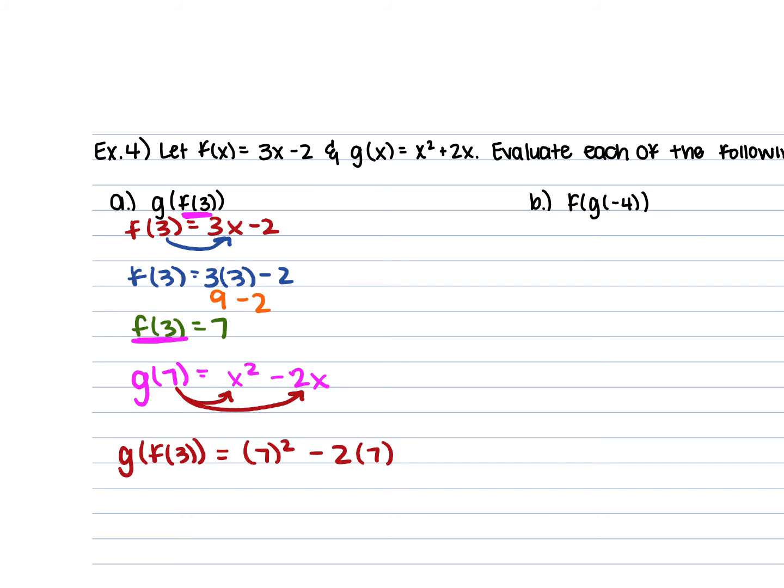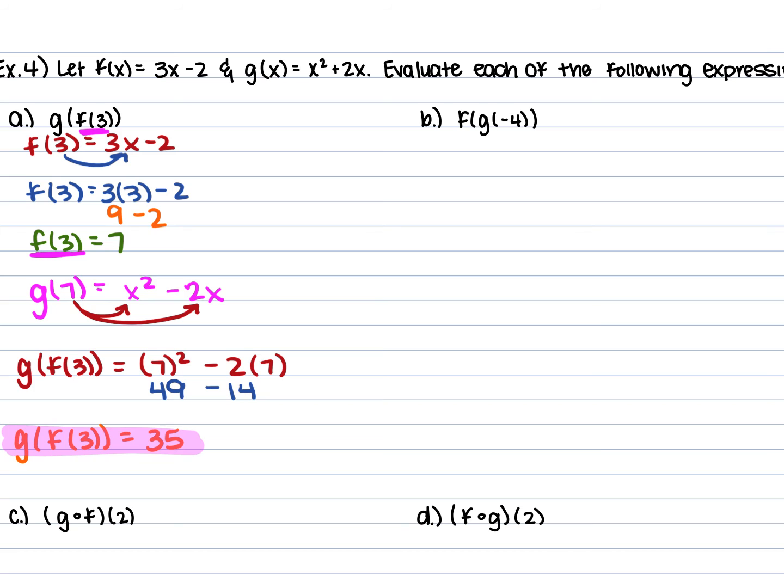That 7 squared is 49. That 2 times 7 is 14. So we're going to do 49 plus 14 to get g of f of 3, which again is the same thing as g of 7. 49 plus 14 gives us 63.